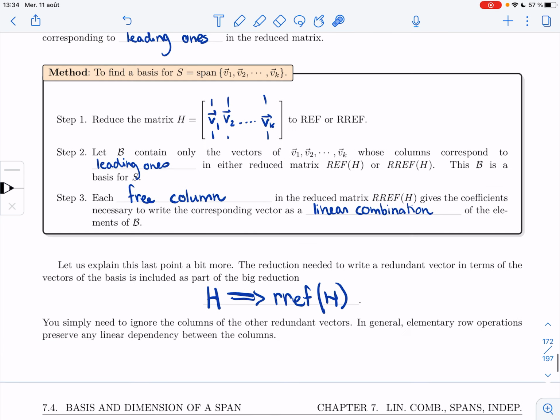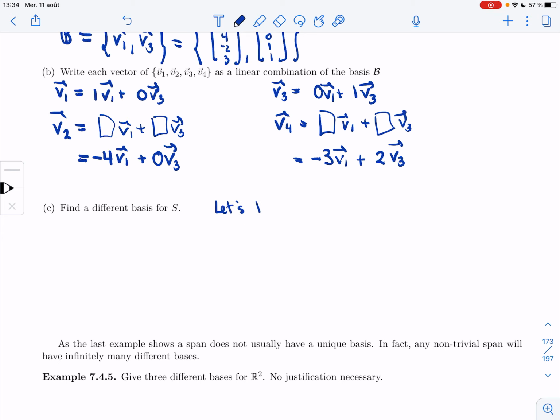So what if I wrote them backwards? You could try any order you want. You're going to get a basis, but let me put V4, V3, V2, V1. Leading ones tend to be on the left, and so in this case, I would expect to keep probably V4. All right, so let's see what I get.